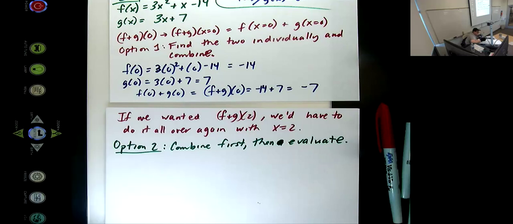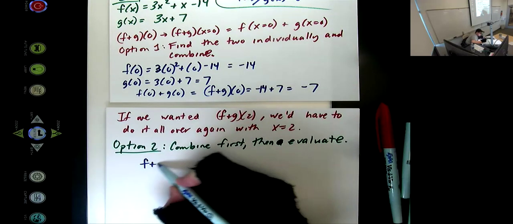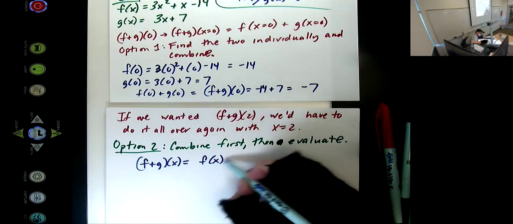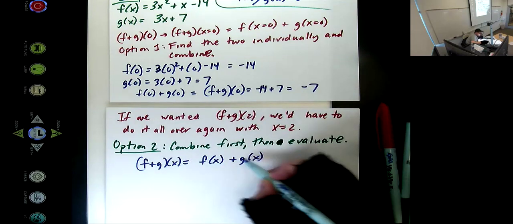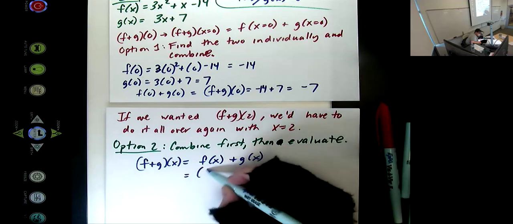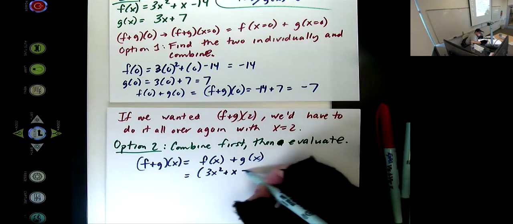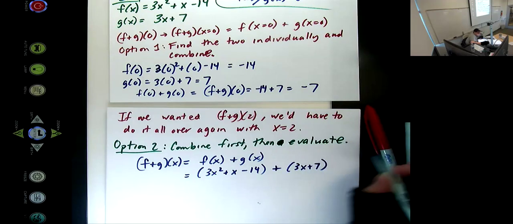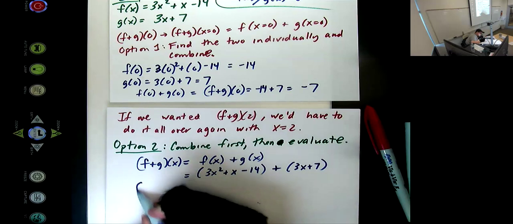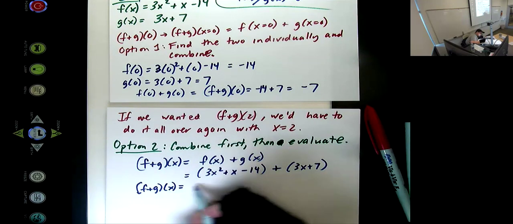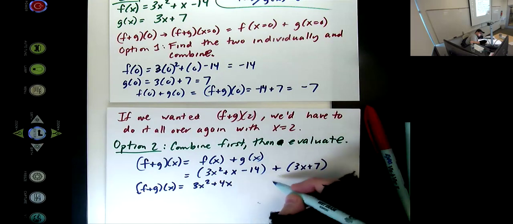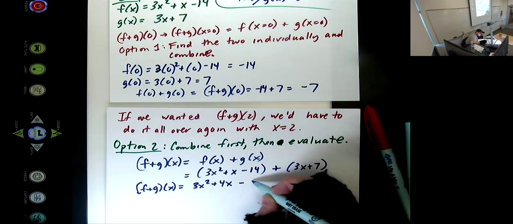So let's do that here. We want f plus g of x, which is f of x plus g of x, which is 3x squared plus x minus 14 plus 3x plus 7. And if I finish combining them, I get 3x squared plus 4x minus 7.